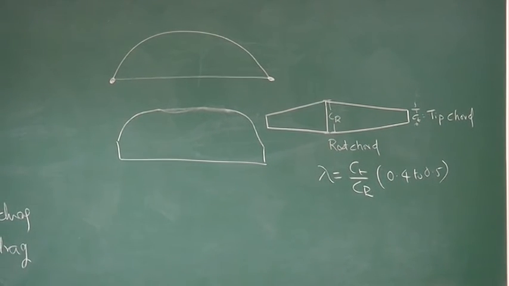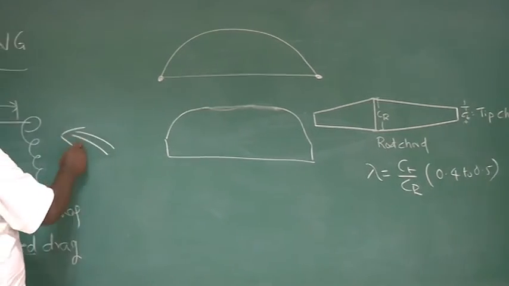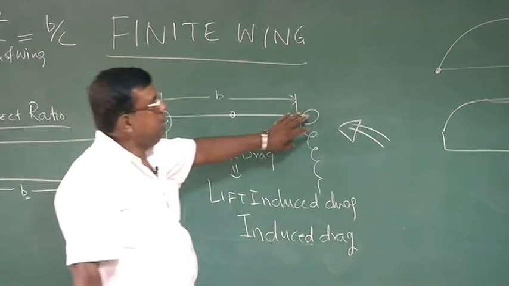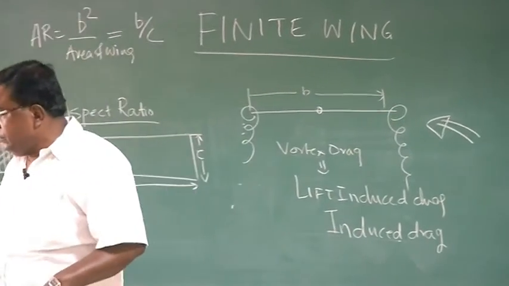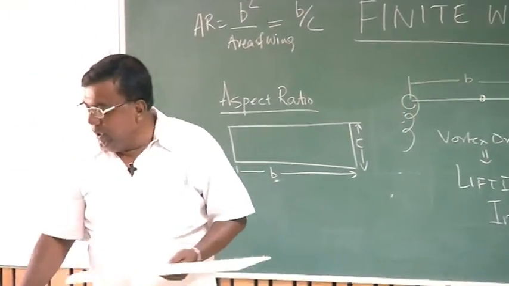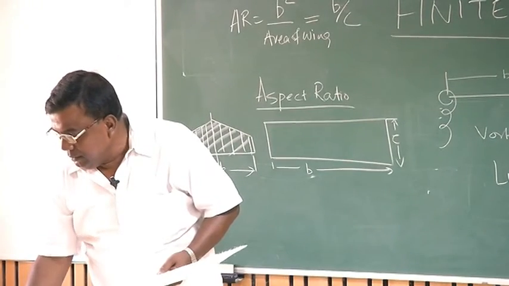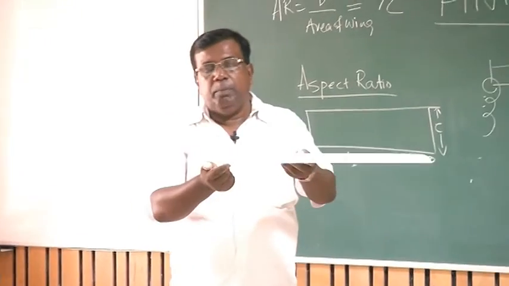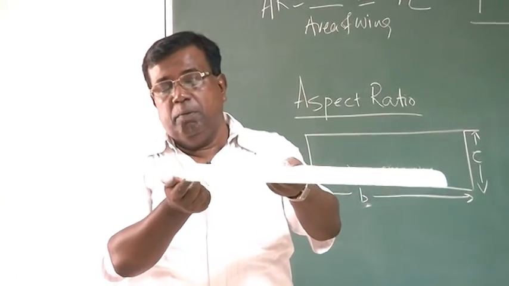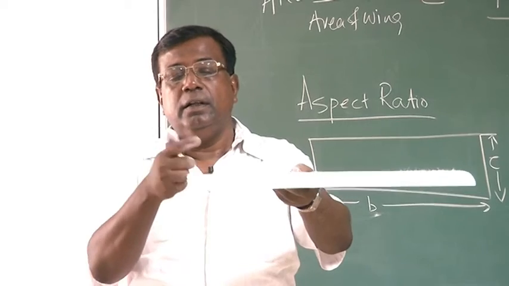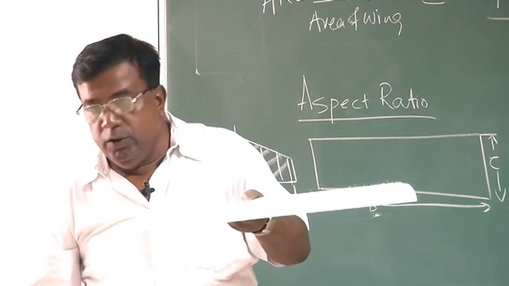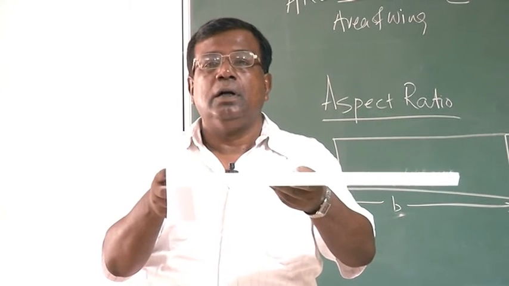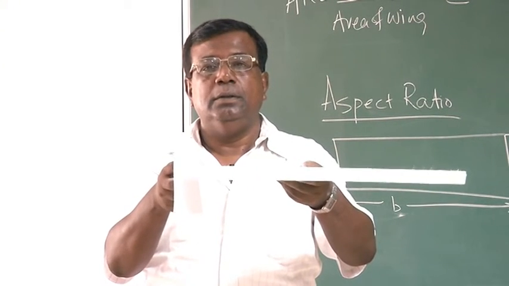But let us come back here. As a designer, I would like to reduce this effect. So what do I do? One of the most popular ways of doing it is, we know that because of the physical pressure difference between bottom and top surface, there is a flow like this. So what do we do? We discourage them from coming from bottom to top, right?